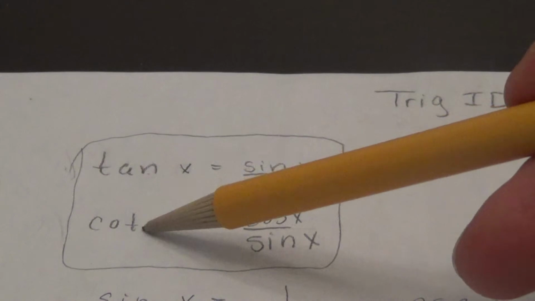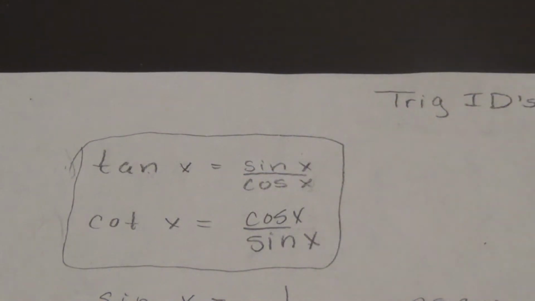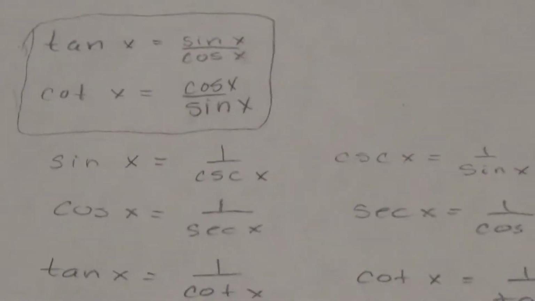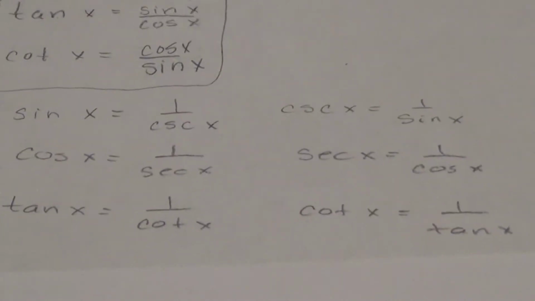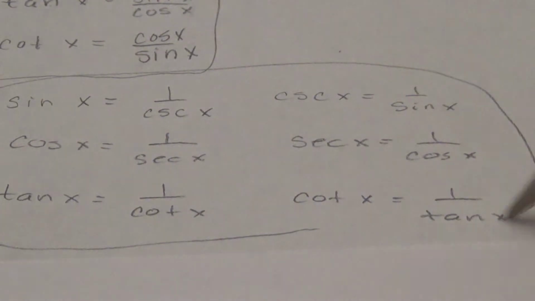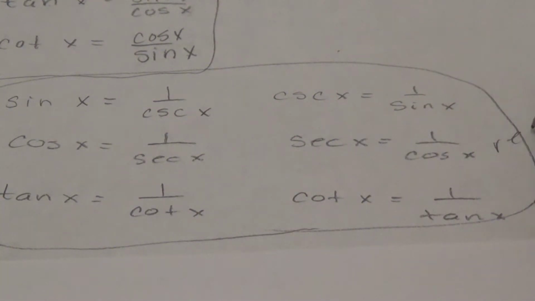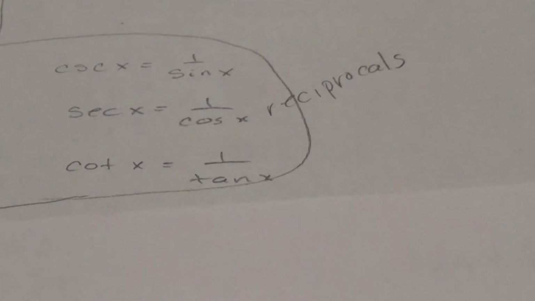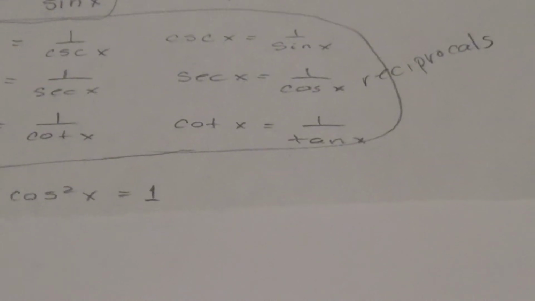I can rewrite cotangent in terms of cosine and sine. That's all I can call it. But then when I get to these six, I'm going to call those the reciprocals, because they are reciprocals of one another.